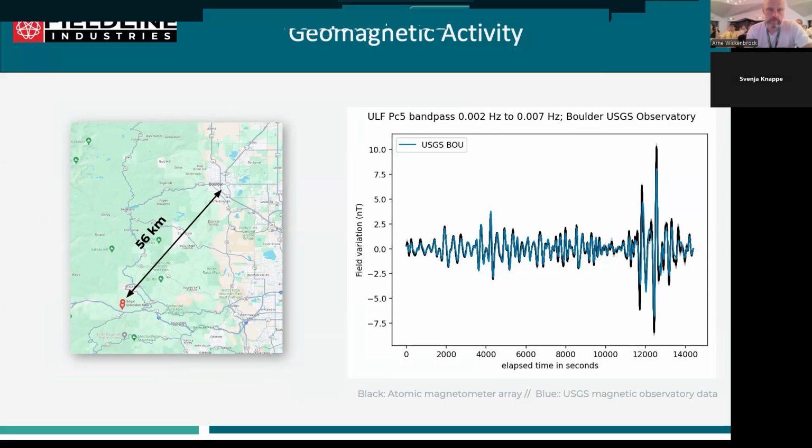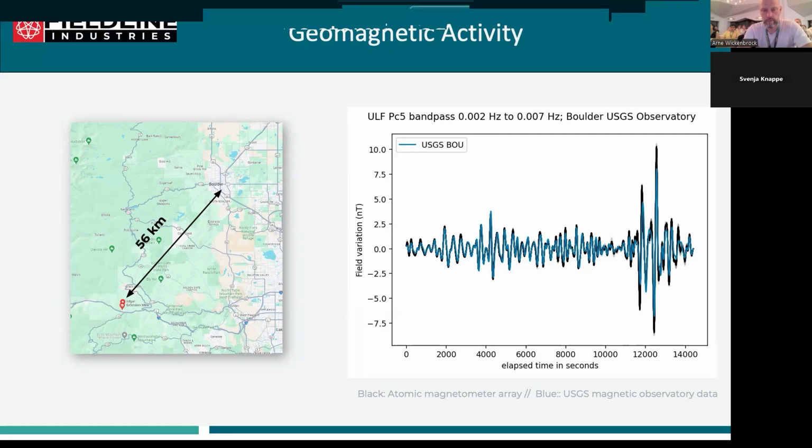This is the data from the magnetic observatory that USGS has, and the data that we measured with that array. All the sensors added together, because we didn't want to measure gradients. They correlate over a distance of 56 kilometers; the two arrays are 56 kilometers apart.